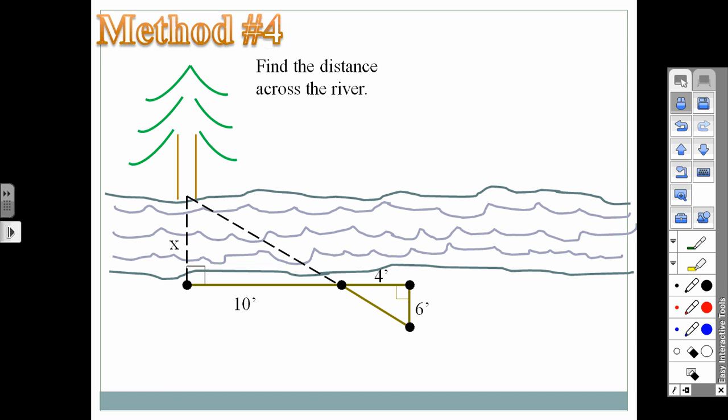Here we go. Method 4, finding the distance across a river or a chasm or a lake or something that you can't actually bridge. There's no bridge to cross it to actually measure. You would have to do all of your measurements on, say, one side of your cliff or shore of the lake or river.